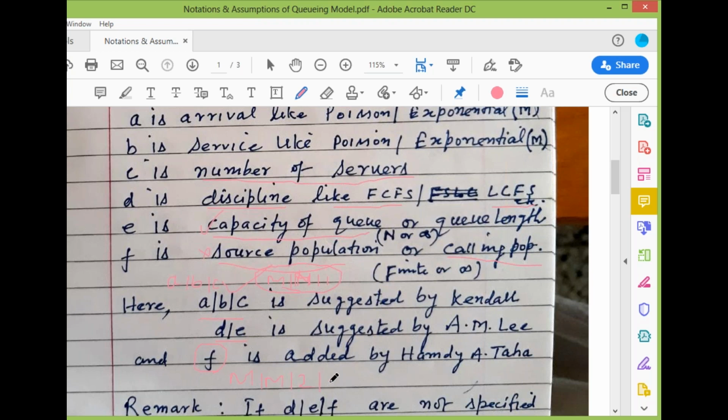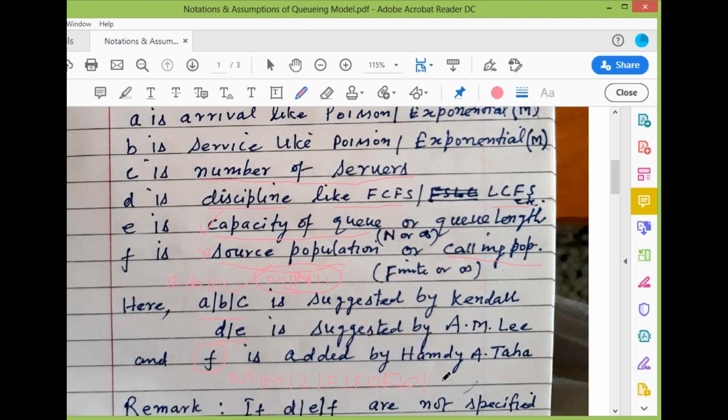If discipline is FIFO, first come, first served, then FIFO. If the capacity of the queuing system is infinity, then infinity.